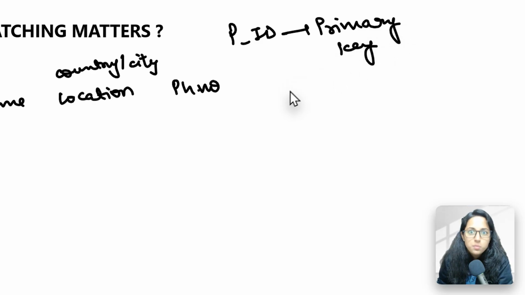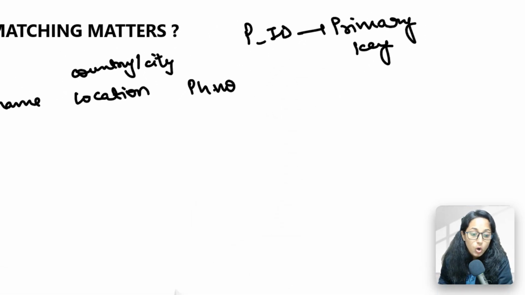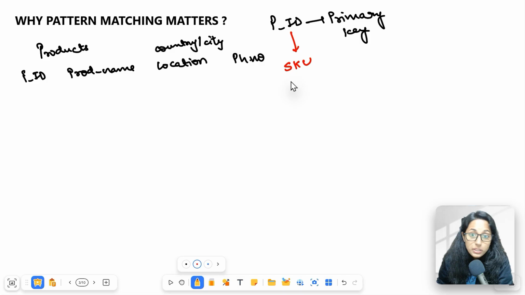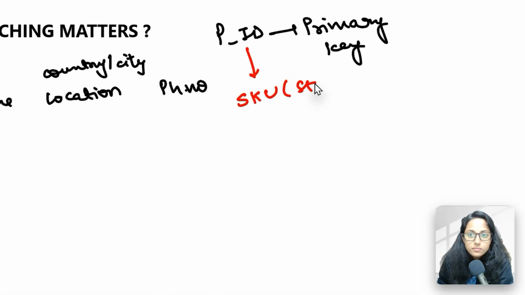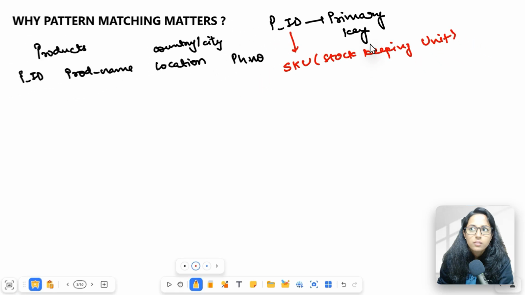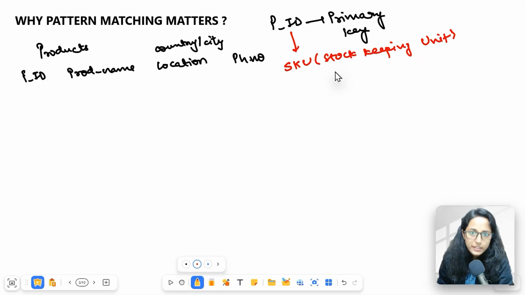In common terms, this product ID can also be referred to as an SKU, which is commonly known as stock keeping unit, which is nothing but a unique product ID which helps us to get the complete details.